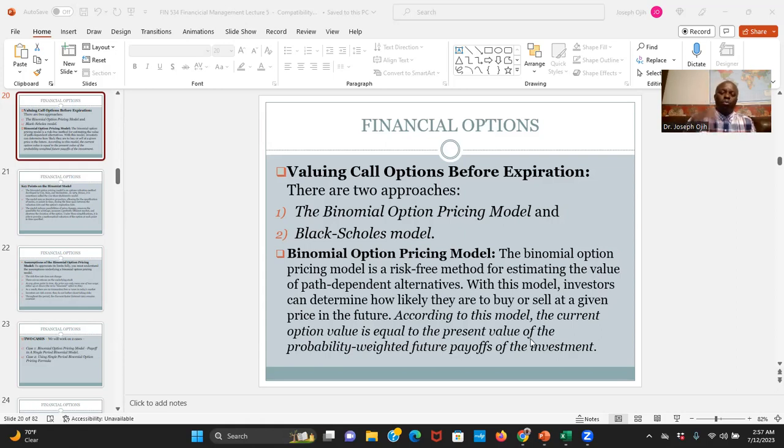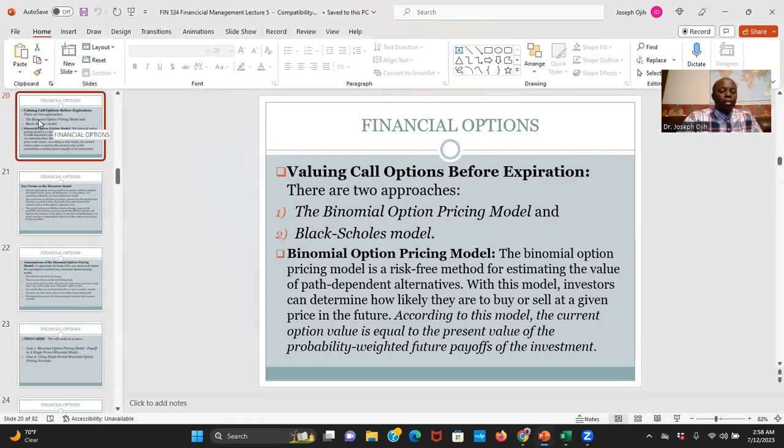So with this model, investors can figure out how likely they are to buy or sell the option at a given price in the future. So again, according to the model, the current option value is equal to the present value of the probability-weighted future payoffs of the investment. Now, let me take you to the next slide.